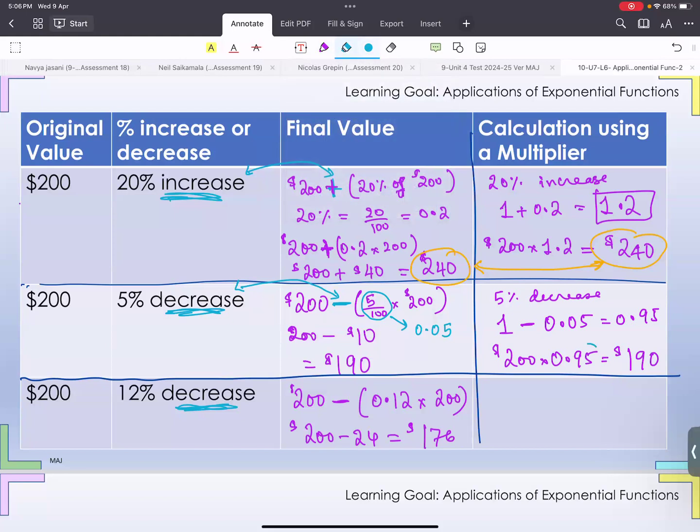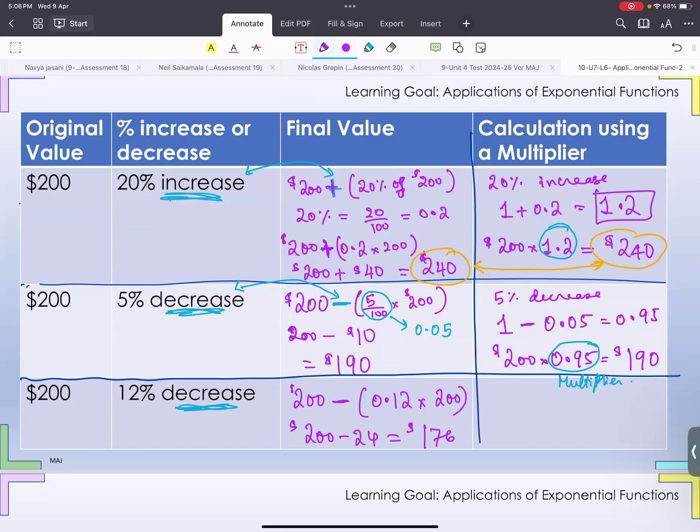So this value 0.95 is less than 1. This is your multiplier. Your multiplier is less than 1 when there's a decrease, and your multiplier is bigger than 1 when it's an increase.